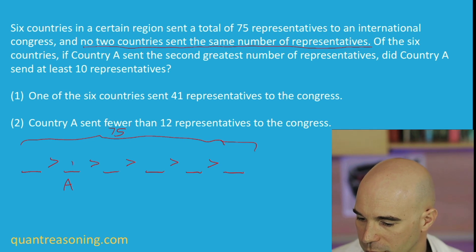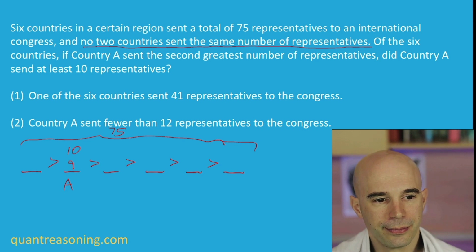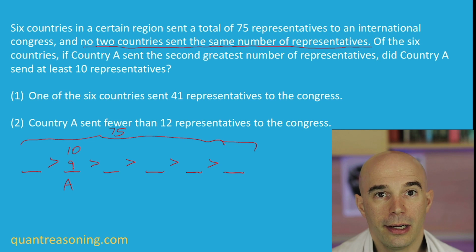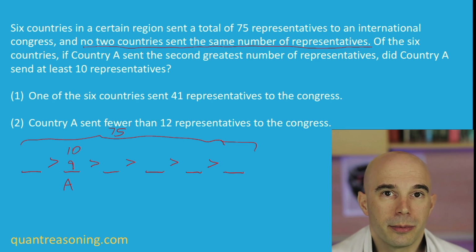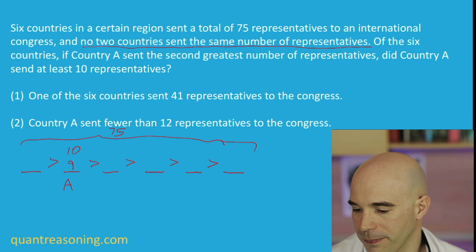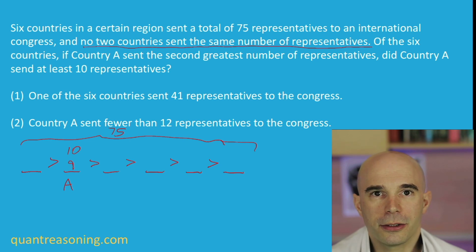So I'm wondering, why don't I see whether A could be 9 and whether A could be 10. And if a statement allows both possibilities, then it's not sufficient. But if a statement only allows one of those possibilities, then it probably is sufficient. So that's the strategy.